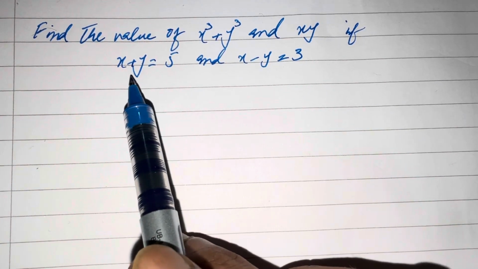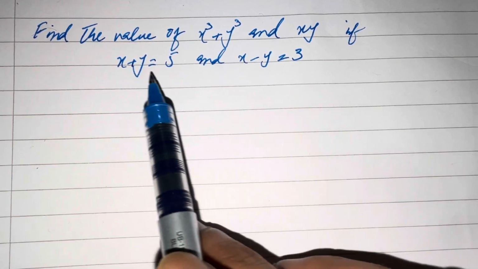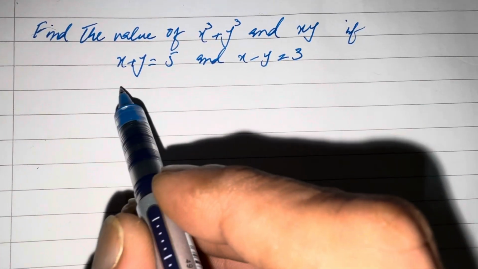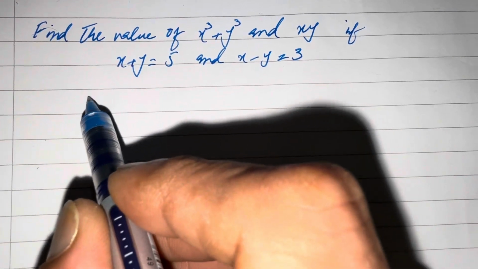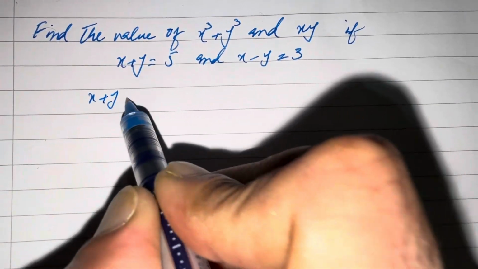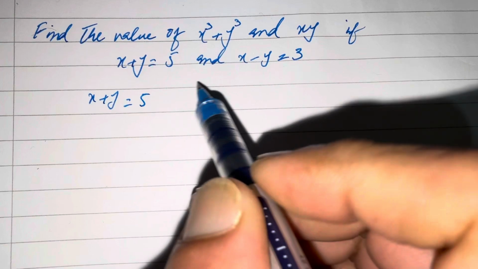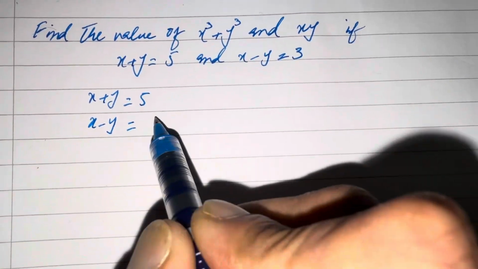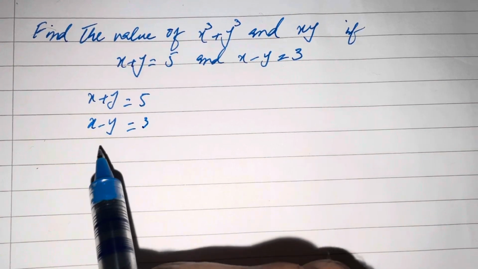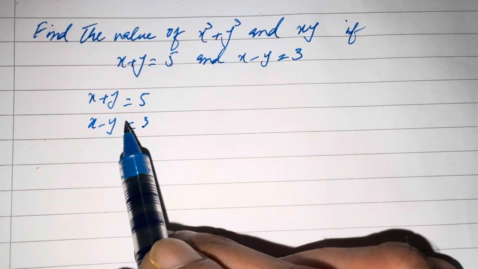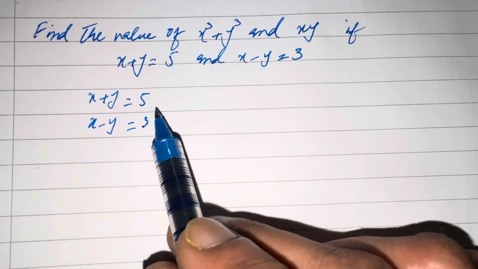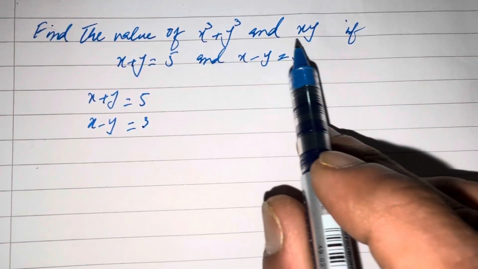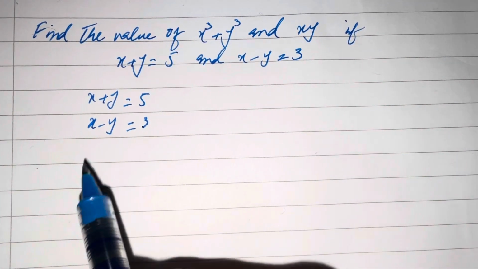So by using these two equations, x plus y is equal to 5 and x minus y is equal to 3, we are going to find the values of x cube plus y cube and xy.